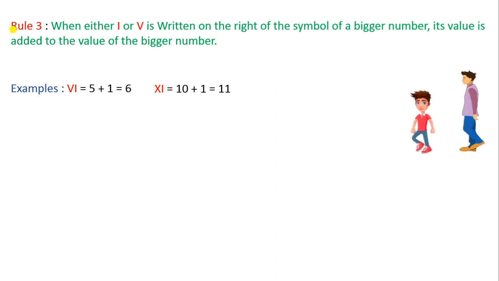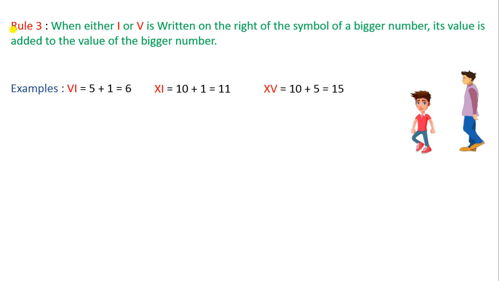Teacher, can I say one example for rule number 3? Of course Rahul, you can tell the examples for this. Thank you sir. My example is XV. We know X is for 10 and V is for 5, and here we write V on the right side of X, that is the right side of the bigger number than 5.